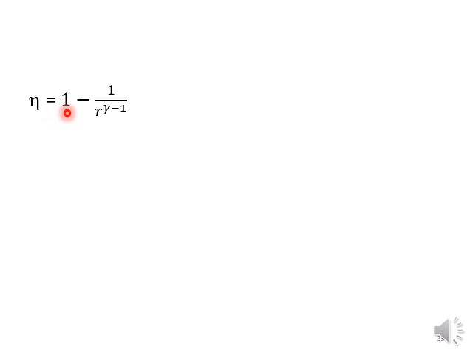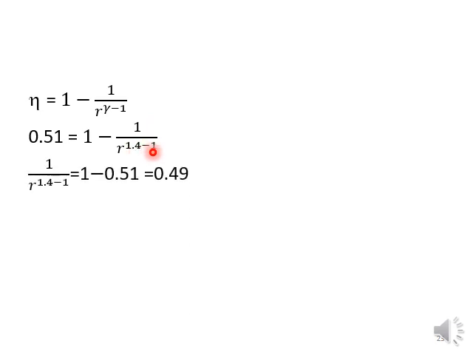Efficiency is equal to 1 minus 1 divided by R power gamma minus 1. So 0.51 is equal to 1 minus 1 divided by R power 1.4 minus 1. So 1.4 minus 1 is nothing but 0.4.